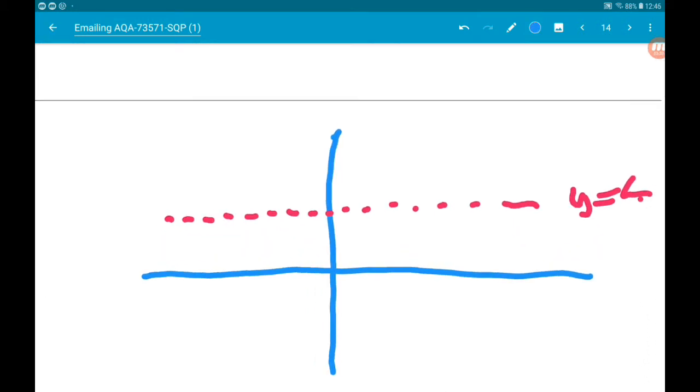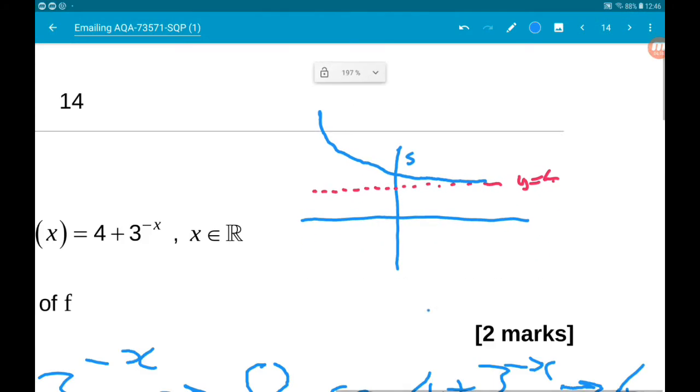As x tends to negative infinity, the graph tends to infinity, and as we come along the positives, something like that is going to happen. And we can actually label the y-intercept as well. There, x is equal to 0, so 3 to the minus 0 is 1. So the value of the function is 4 plus 1, which would be 5.